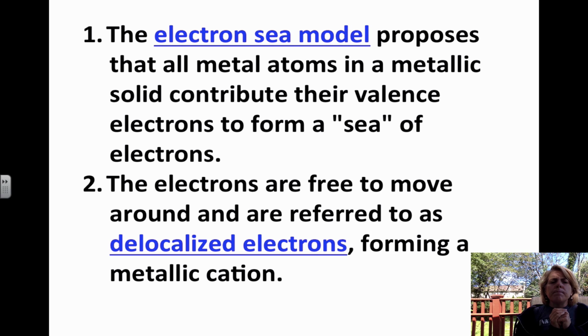Also, the electrons aren't limited to just one atom. They can hop from atom to atom. So because of that, we call it delocalized. They're not restricted to one atom. They're allowed to move around in a certain area. And because of that, we get a lot of formation of metal cations.